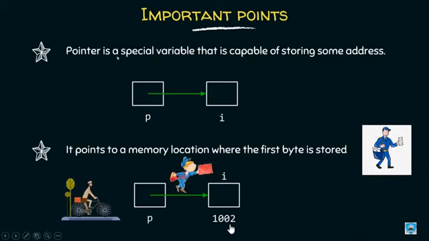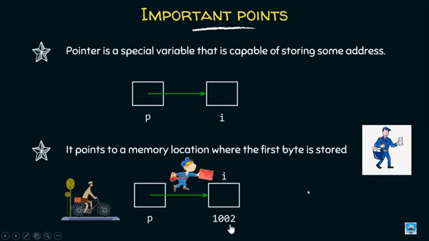Similarly here, a pointer is a special variable that is capable of storing another variable's address. I already explained that p always marks the address of i. In the figure below you can easily understand that this pointer variable stores 1002, which is the address, and by this particular address the data of i will be accessed.